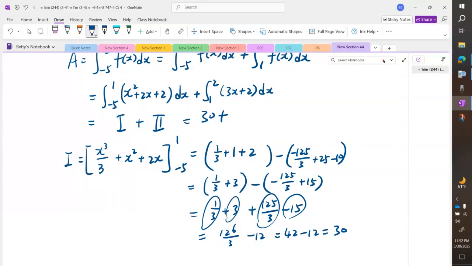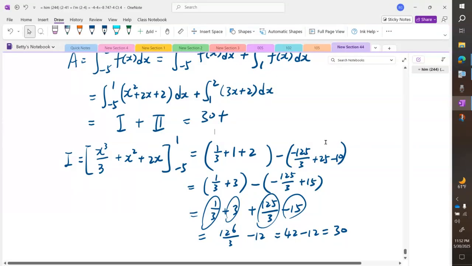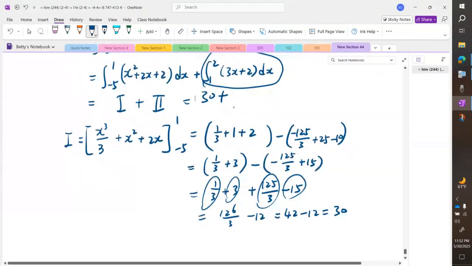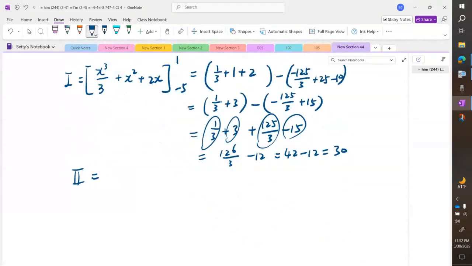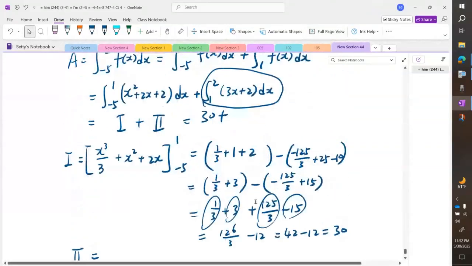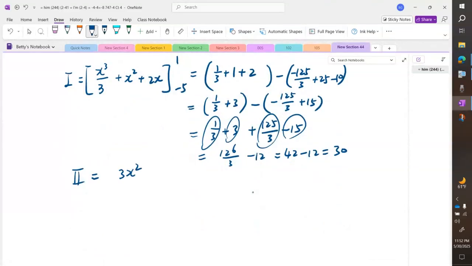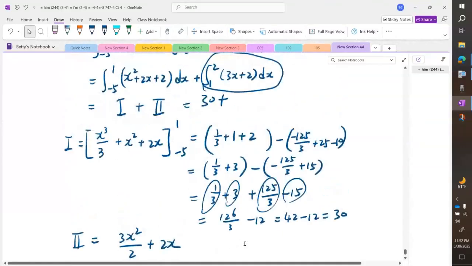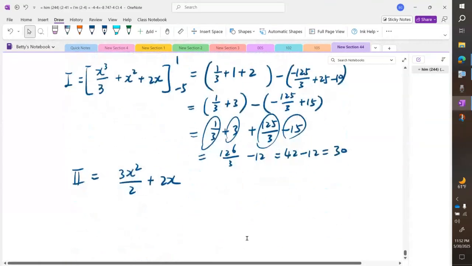Now let's do the second one. You have some space, I can do it here probably. It's this one. The antiderivative is 3x squared over 2 plus 2x. Double check, 3x plus 2. Okay. 1 to 2.